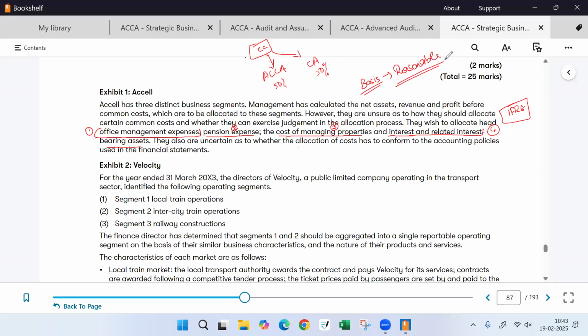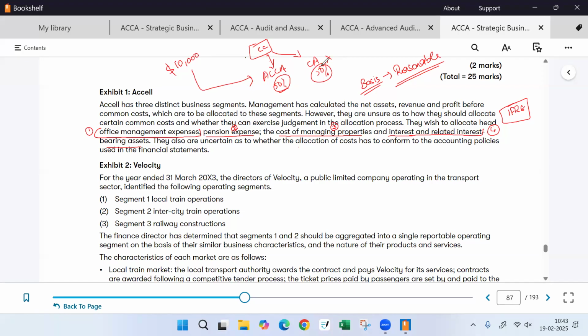You understand? To give you an example, let's say the career counselor salary is $10,000. For me, the most profitable department is ACCA. So I allocate the entire 10,000 to ACCA, but I don't allocate it to CA. But in fact, they actually are spending 50% each in both the departments. Is this a reasonable basis?